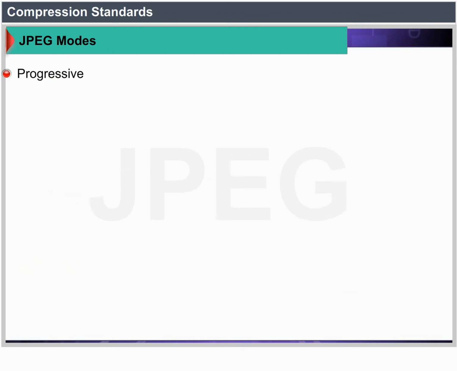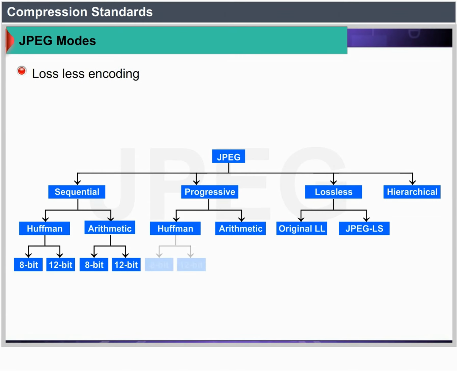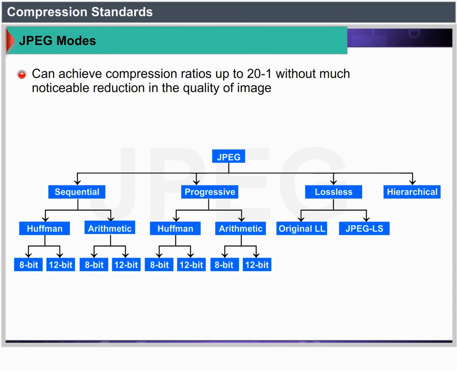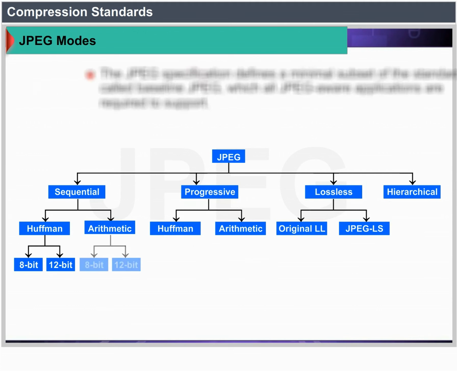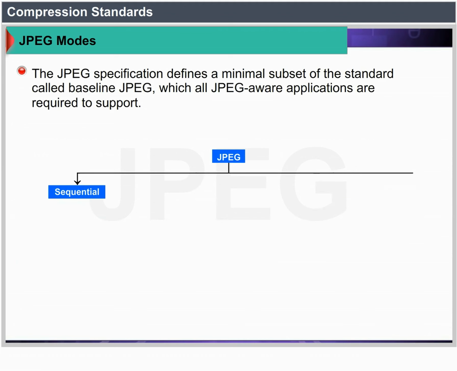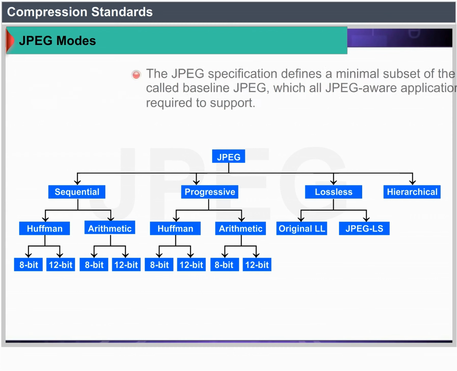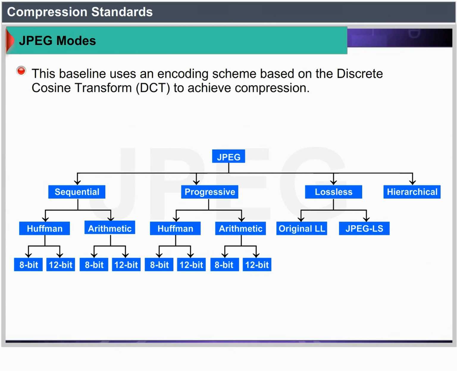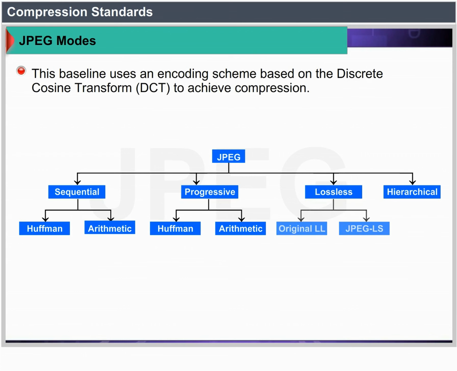Progressive, hierarchical encoding, lossless encoding can achieve compression ratios up to 20:1 without noticeable reduction in image quality. The JPEG specification defines a minimal subset of the standard called baseline JPEG, which all JPEG-aware applications are required to support. This baseline uses an encoding scheme based on the discrete cosine transform DCT to achieve compression.